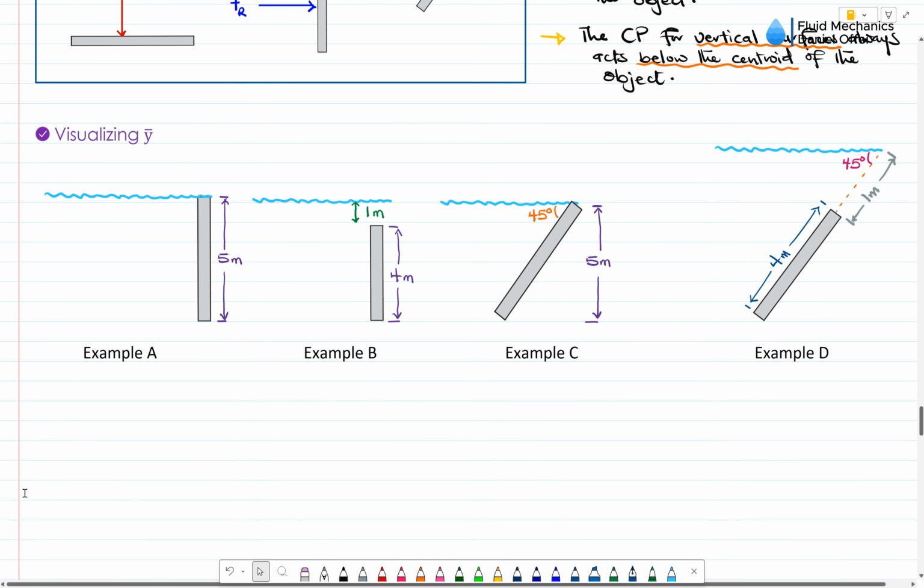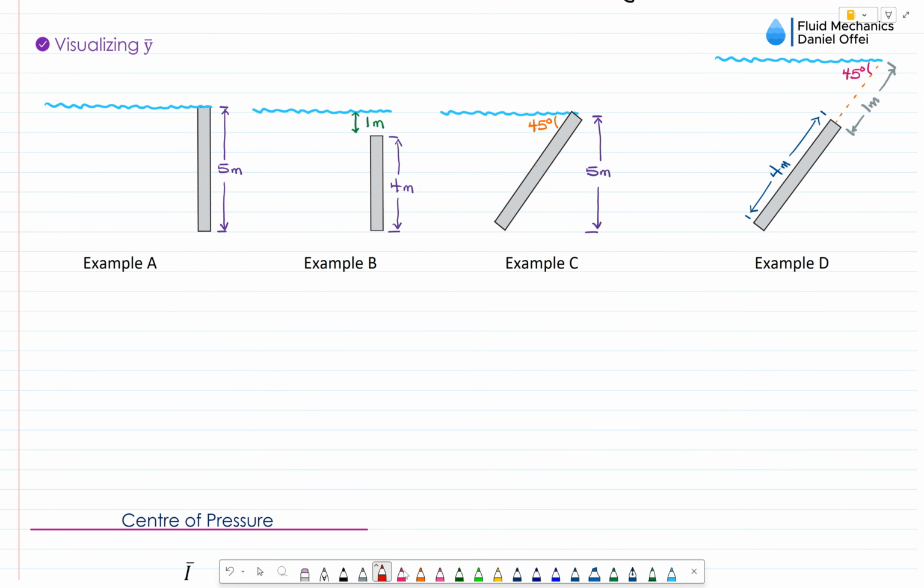So let's first look at what y bar is. Y bar is basically the distance from the free surface of the liquid to the centroid of the object. So there are different scenarios where we can look at y bar and see what y bar will look like.